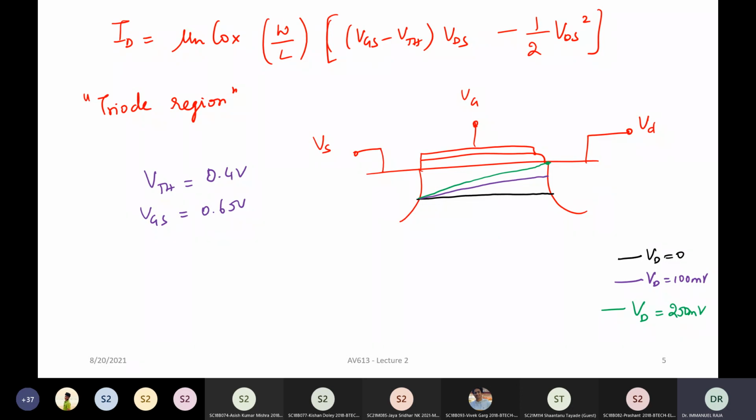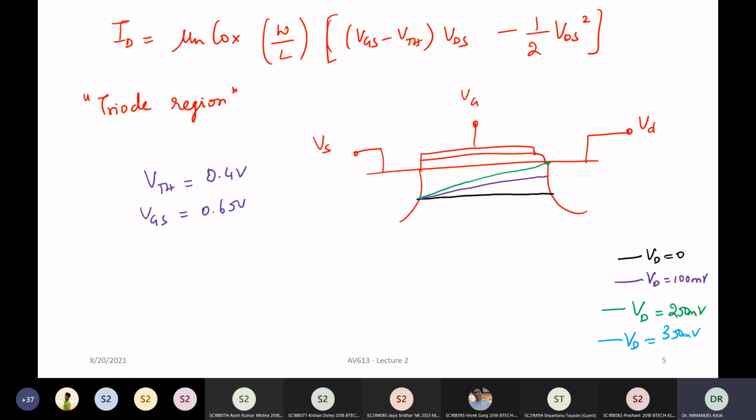And when you increase VD even beyond, let's pick another color here, let's say VD is equal to 350 millivolt. Now it is obvious that there is no channel in the vicinity of the drain.